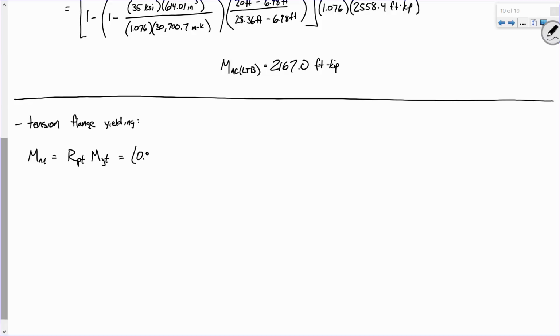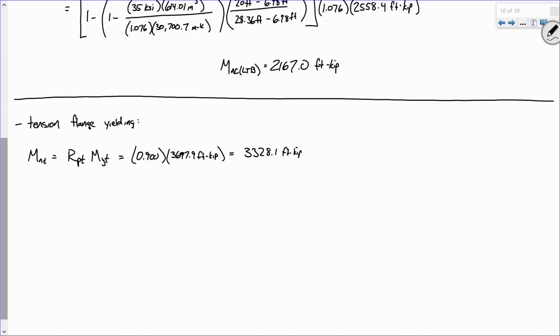This was 0.9 times MYT, which comes out to be, we already did that, 3697.9 foot kips. And that comes out to be 3328.1. Yeah, that's about what I got.